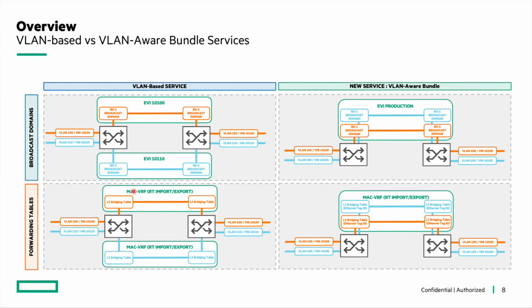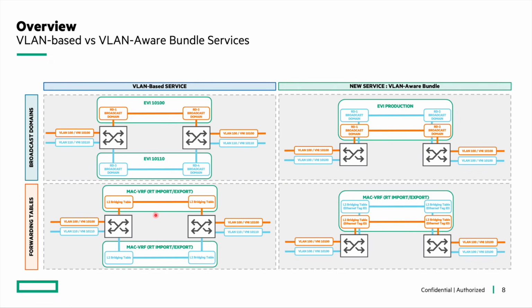Now let's look at those diagrams comparing VLAN-based and VLAN-aware Bundle services. On the left side, we can see how VLAN-based service handles broadcast domains and forwarding tables. Each EVI, which can be identified thanks to the route distinguisher, only supports one broadcast domain, so one VLAN.